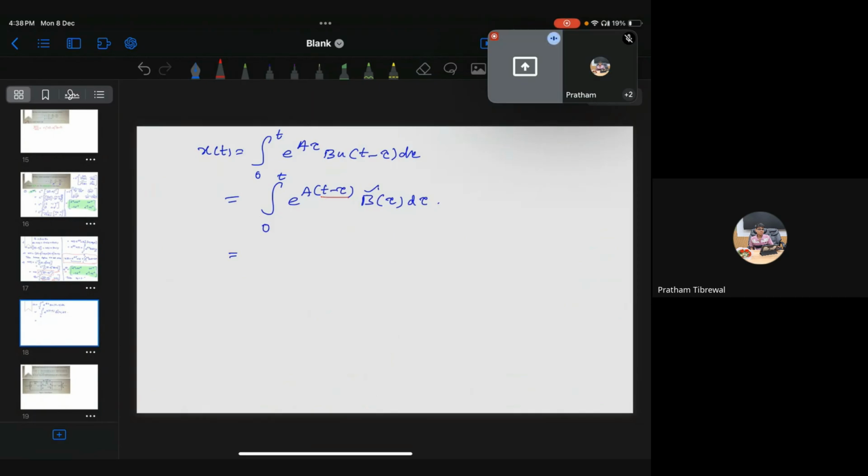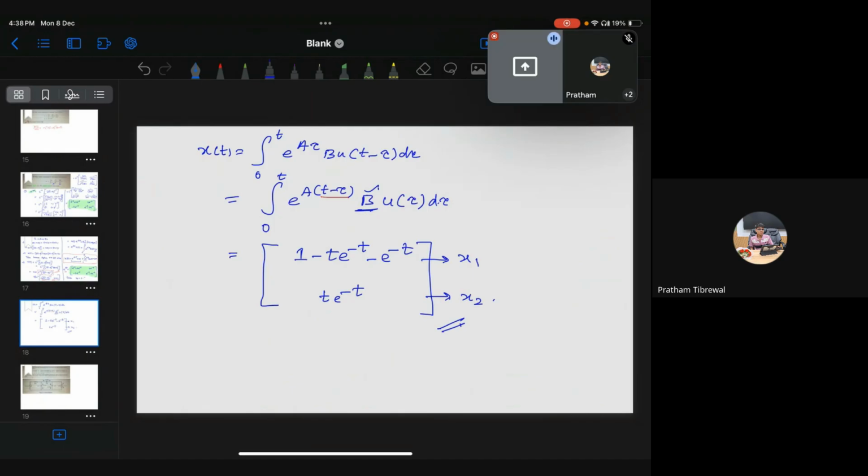Next, substitute b, and u of tau is 1. If you substitute them, finally you will get 1 minus t e power minus t minus e power minus t e power minus t. That is the final solution. This is for x1, this is for x2 state variables.